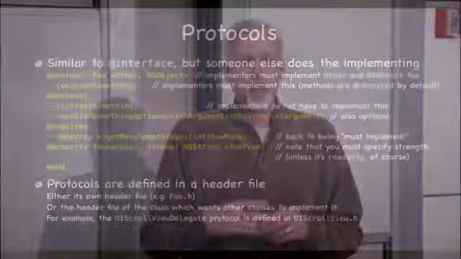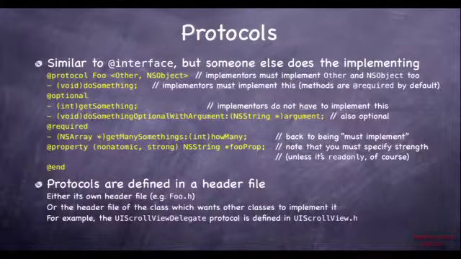Okay, so we talked about required. Protocols are declared in header files, and they could be in their own header file. I could have a header file called foo.h, which just has this protocol declared in it, and it's imported into classes that both want to implement this protocol and also want to use the protocol, in other words, want to send messages to objects that implement the protocol.